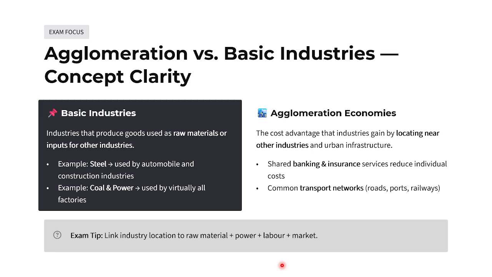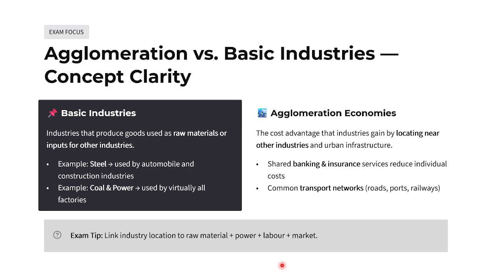For example, steel is produced for use by the automobile and construction industries. Another example is coal and power, used virtually in all factories. These are called basic industries.